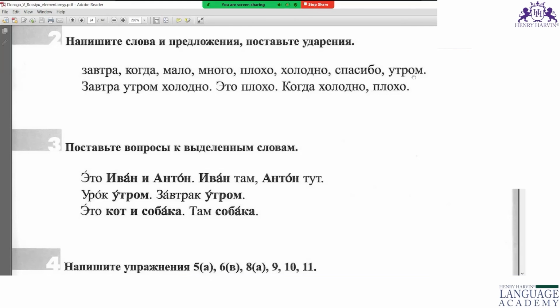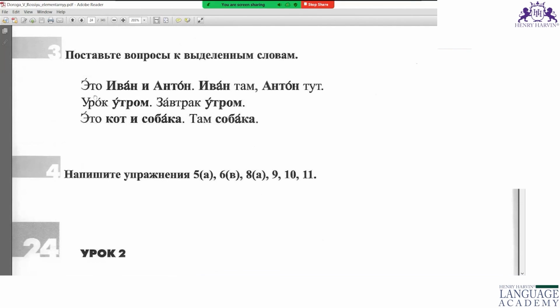Say again. Утром. Завтра утром холодно. Means tomorrow in the morning it's cold. Это плохо. It's bad. Когда холодно, плохо. When it's cold, it's bad.